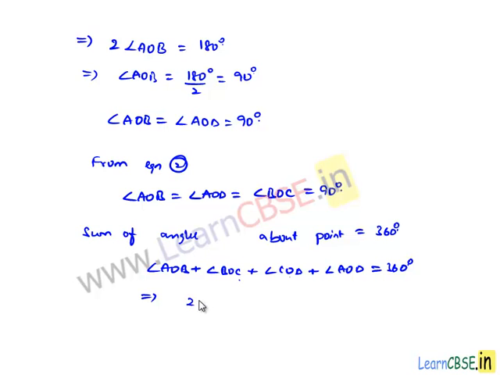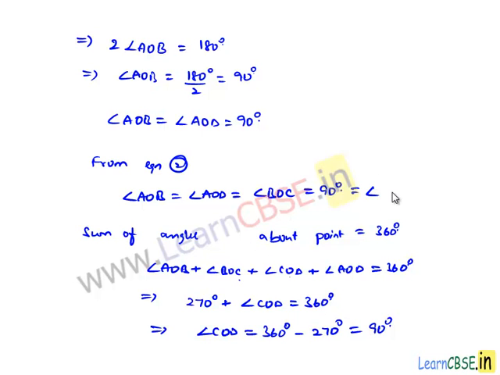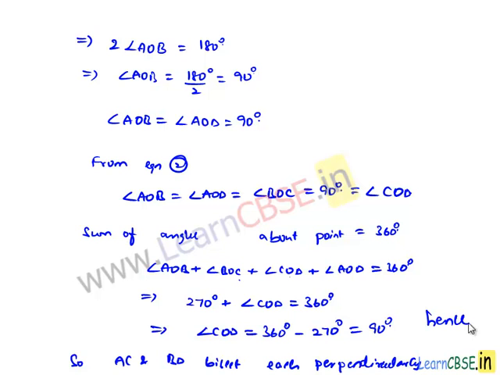So we can say 3 times 90 degrees, which is nothing but 270 degrees, plus angle COD is equal to 360 degrees. That implies angle COD is equal to 360 degrees minus 270 degrees, which is nothing but 90 degrees. So here also we got all the angles about point O equal to 90 degrees. So we can say AC and BD bisect each other perpendicularly. This is what we are required to prove.